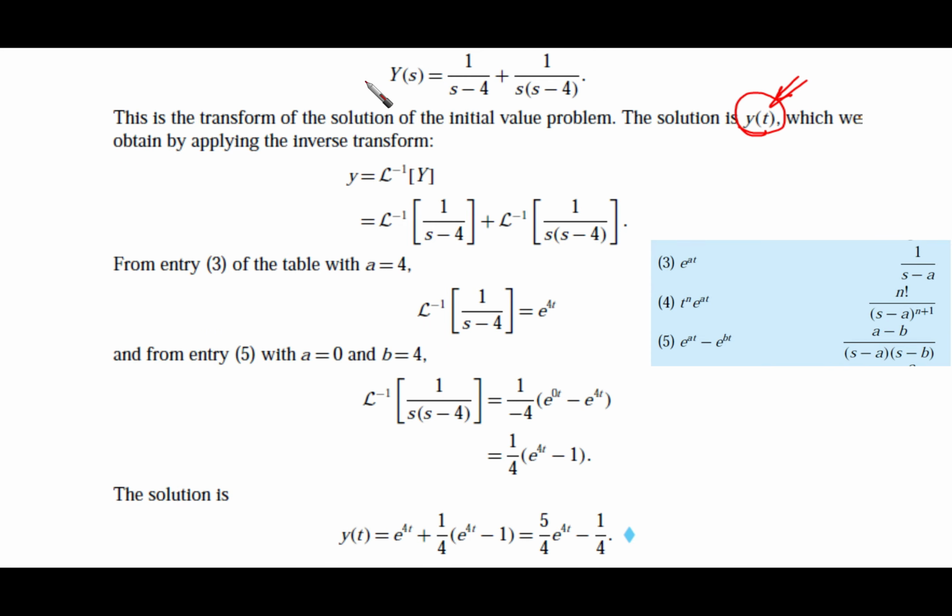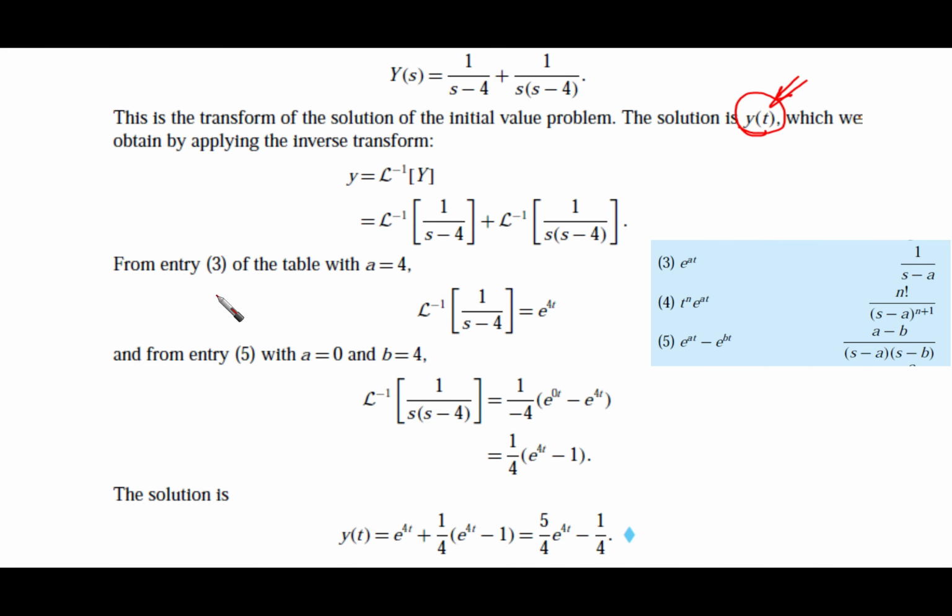Y of s, take the inverse transform. For the left hand side, this would be the inverse Laplace transform of Y. It is going to be equal to the right hand side: the inverse Laplace transform L of 1 over s minus 4 plus 1 over s times s minus 4.